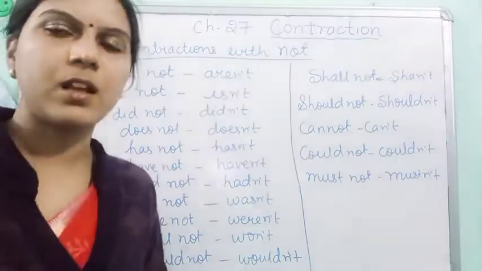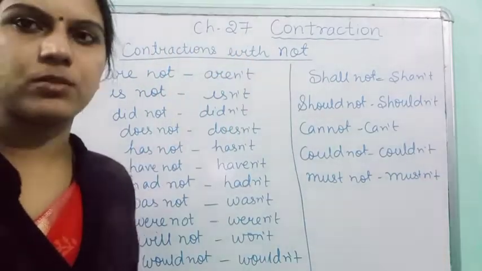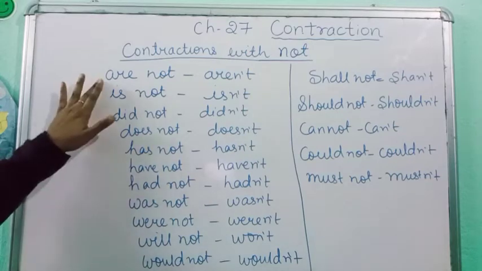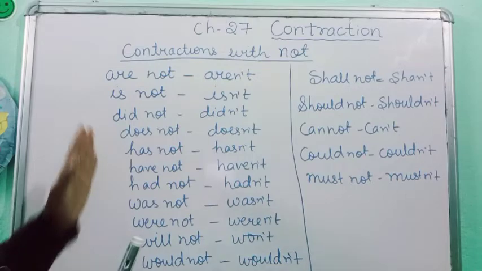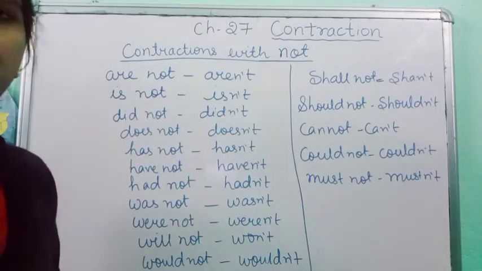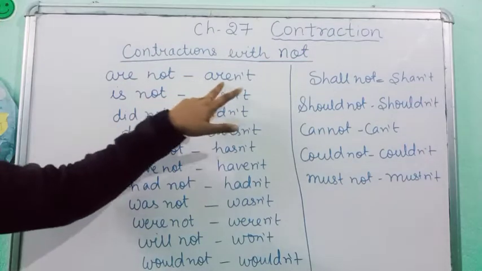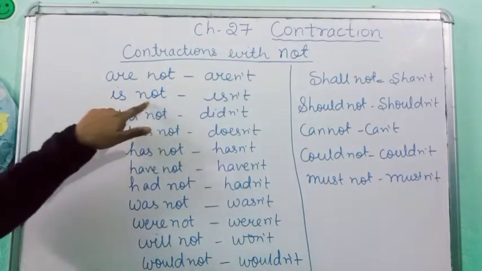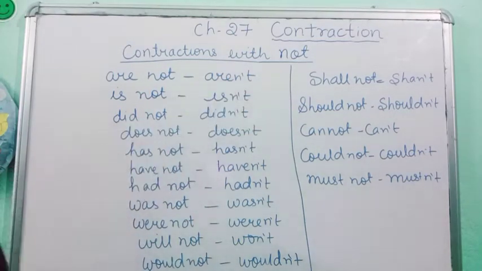So students, there are more examples, contractions with not. Look at the board. Are not, how do we write it in contraction form? We don't have to write the full words. We write easily aren't, are and apostrophe t. Is not, isn't.